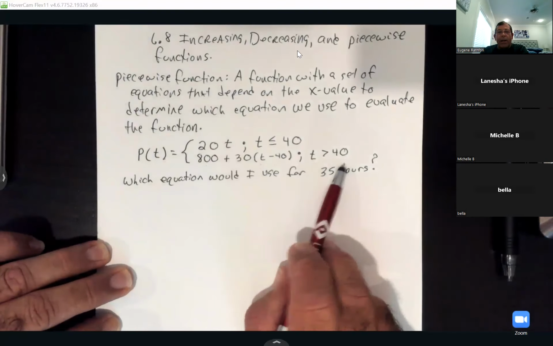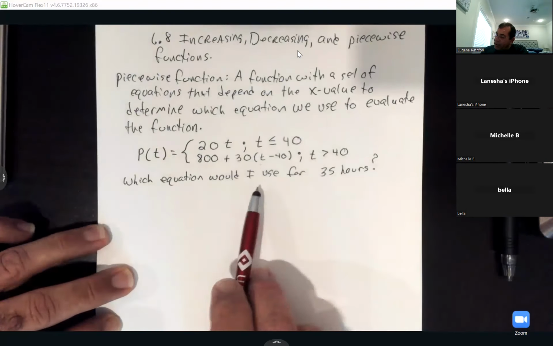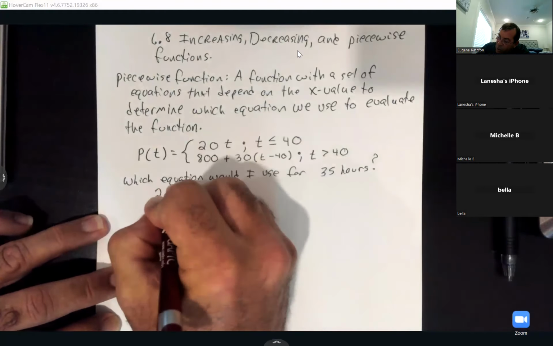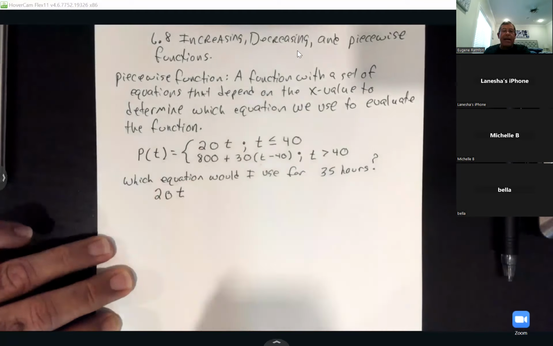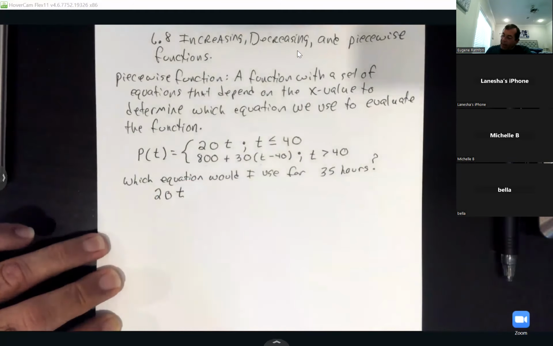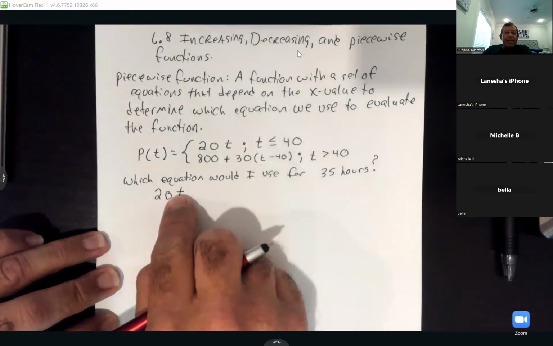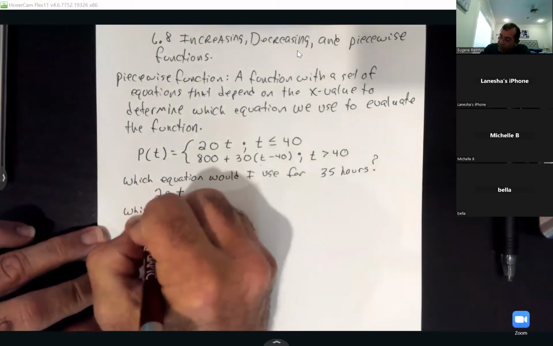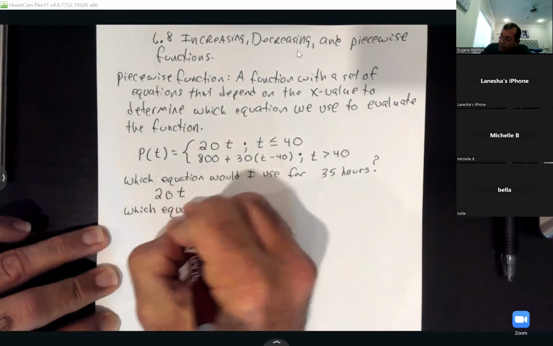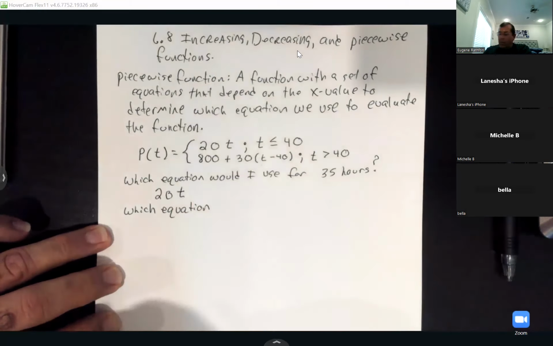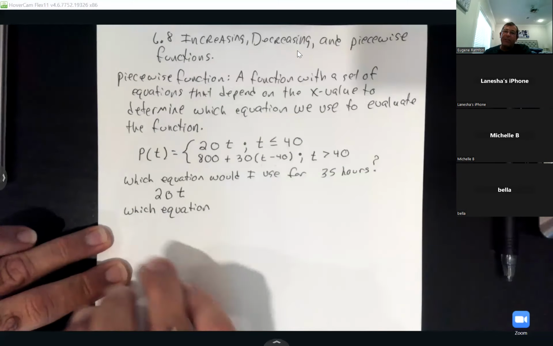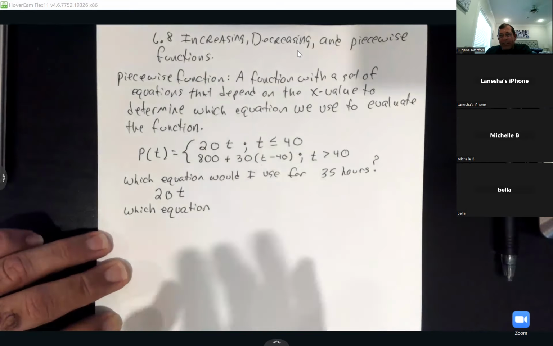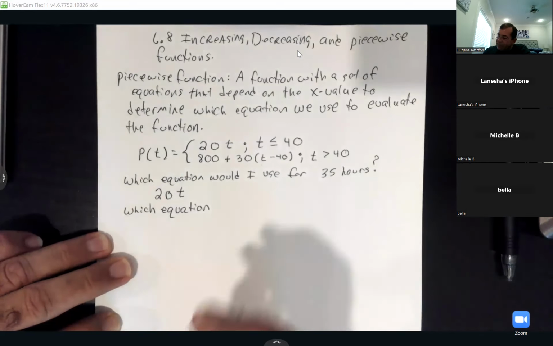Anything over 40, I would use the second equation. So if I just work 35 hours, then I would use the equation 20 times T. And then I would plug in my 35 for the T, multiply and get that answer, okay? Now, later on, we'll evaluate these, but for right now, they just wanted us to pick which equations we would use. This is to see that you're getting the idea of this, okay?